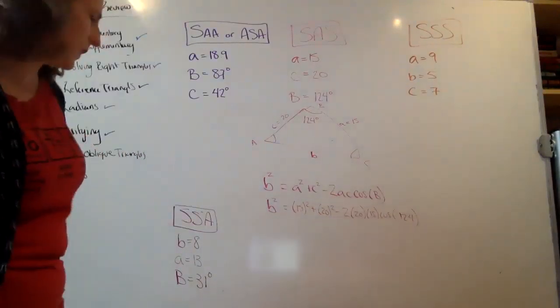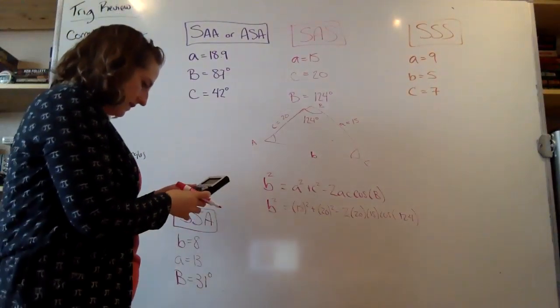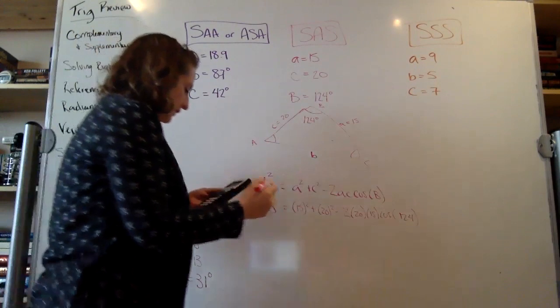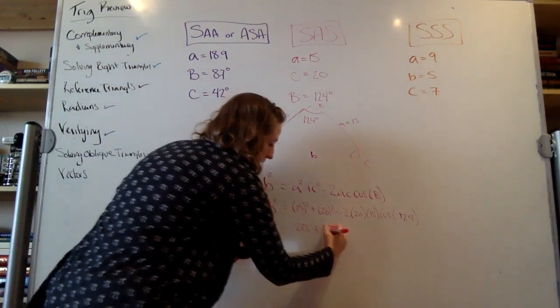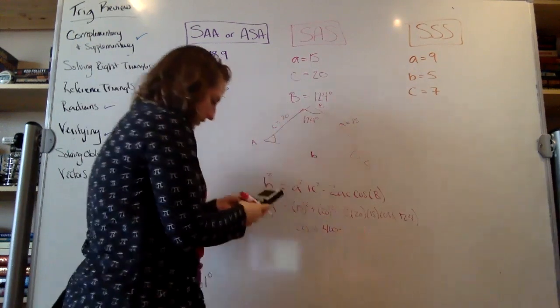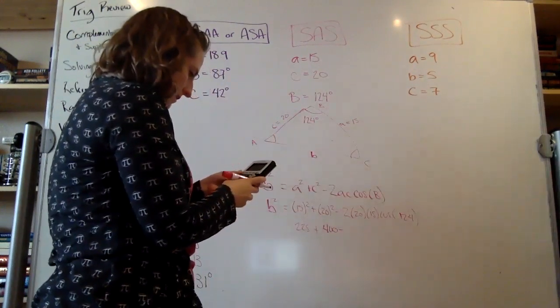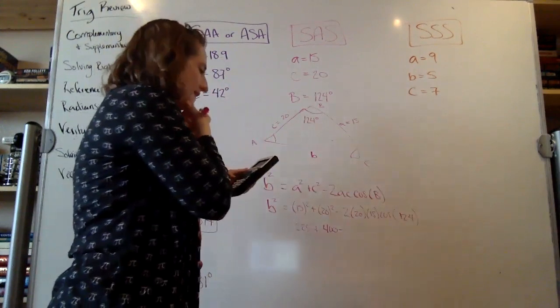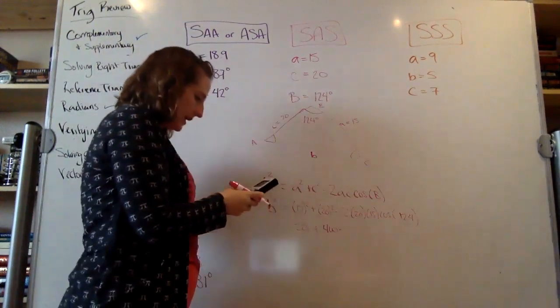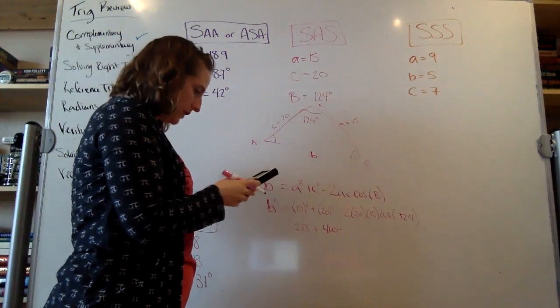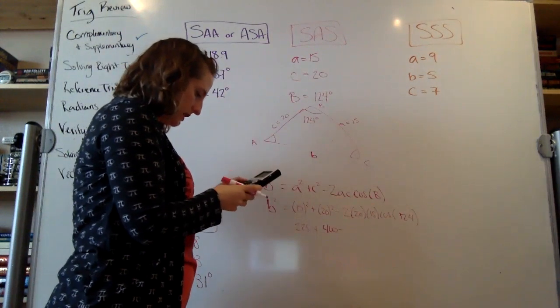So 15 squared, I believe, is 225. Let me check that. So 15 squared is 225. 20 squared is 400 minus 2 times 20 times 15 is 600. I'm going to go ahead and do 600 times cosine of 124 to get a decimal approximation.